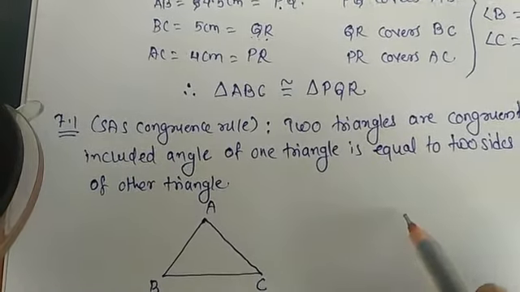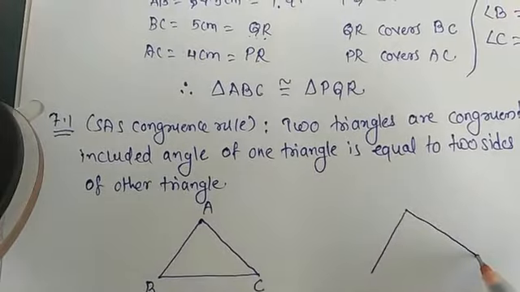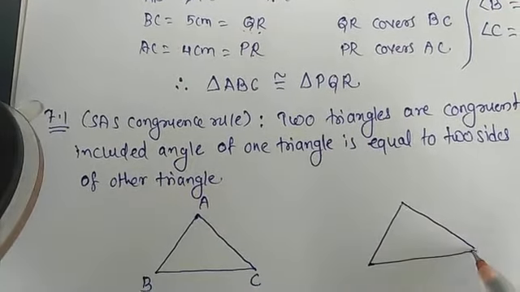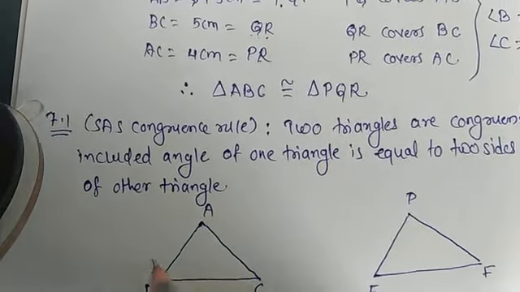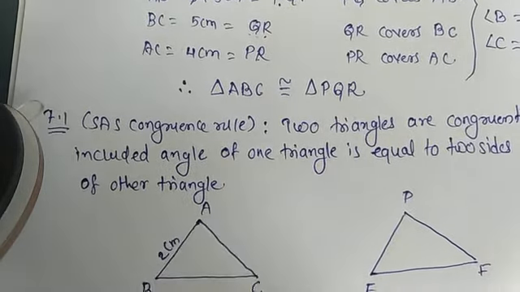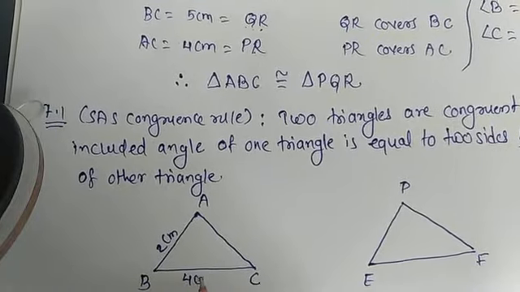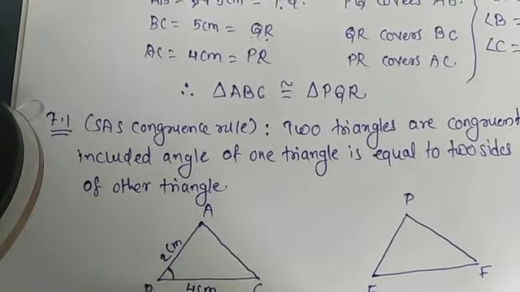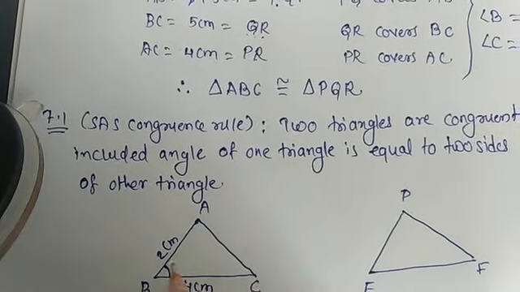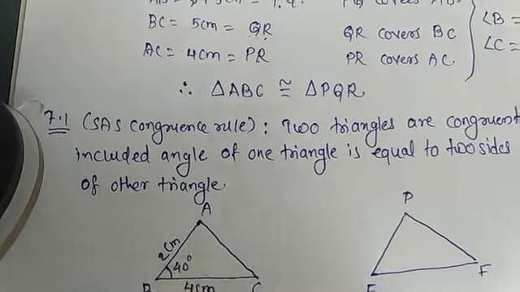That means if you consider two triangles, ABC and the next triangle DEF, where AB is 2 centimeter, BC is 4 centimeter, and the included angle, which should be between AB and BC only, is 40 degree.